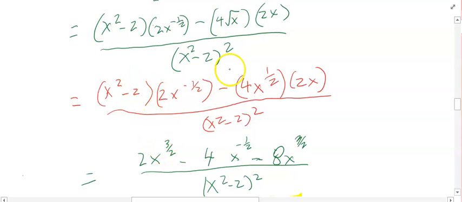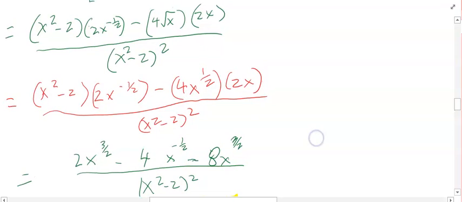If we FOIL out x squared minus 2, so x squared times 2x to the negative 1/2, that leaves us with 2x to the 3/2 because we're adding exponents, and 2 minus 1/2, that's 1.5, which is the same as 3 over 2.